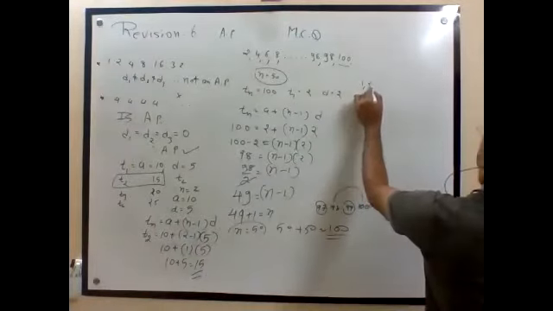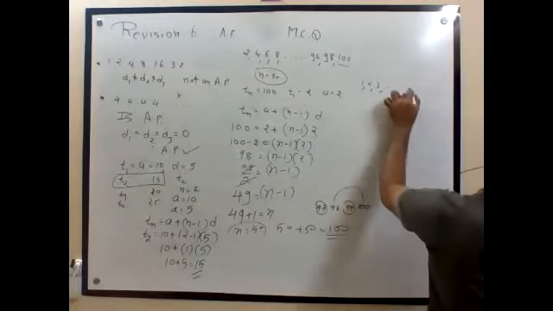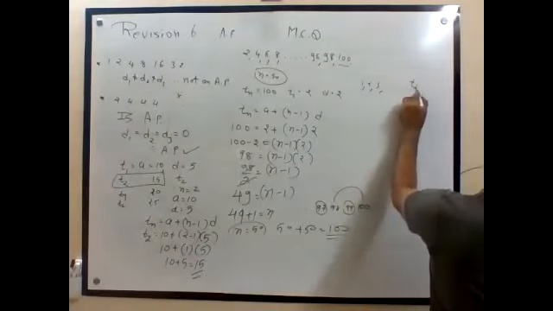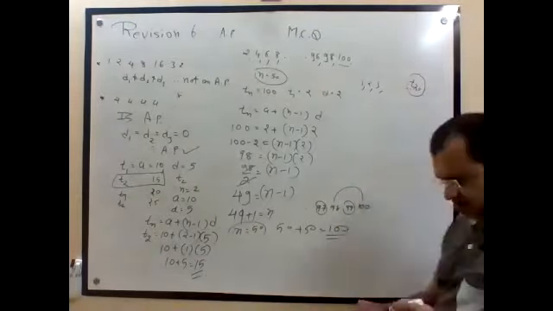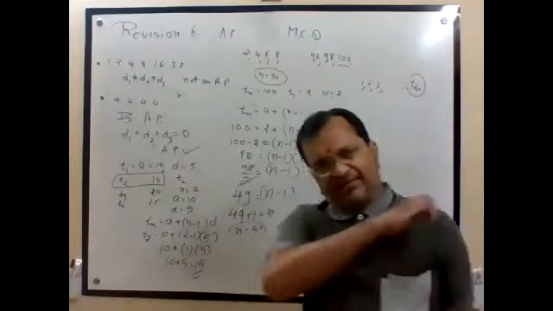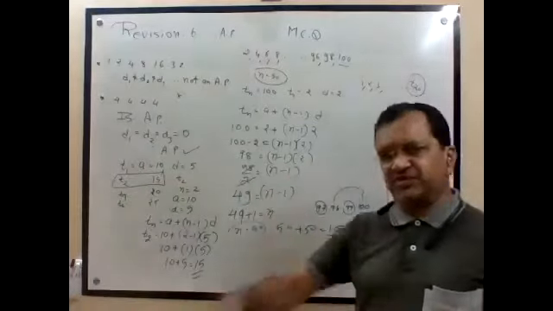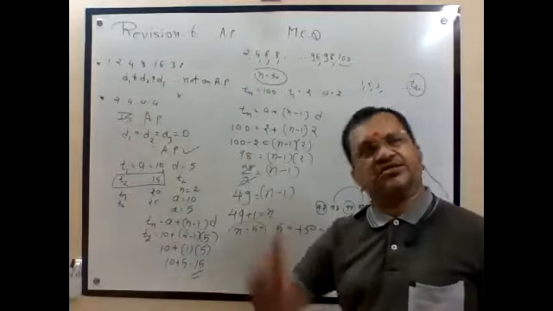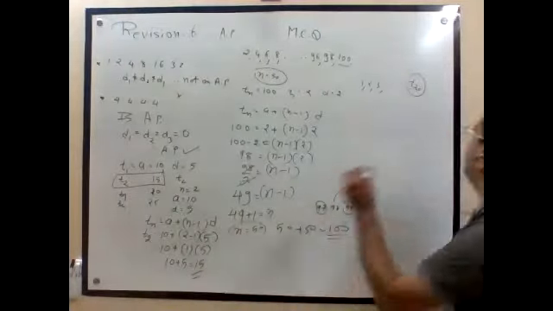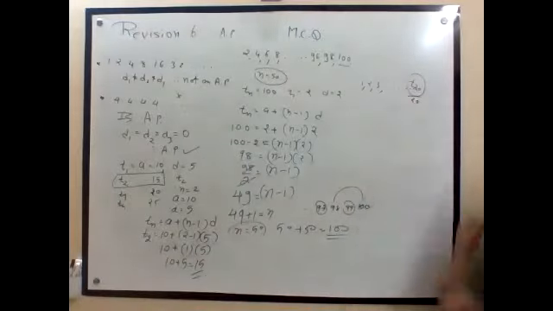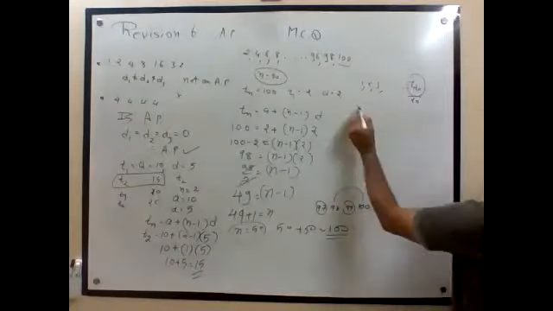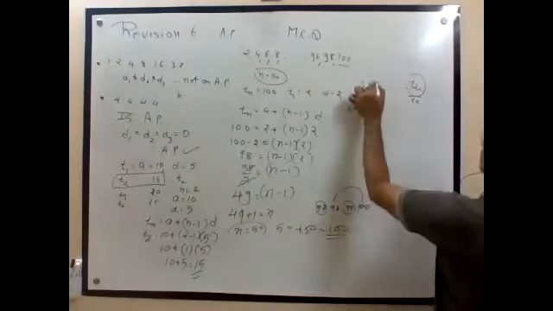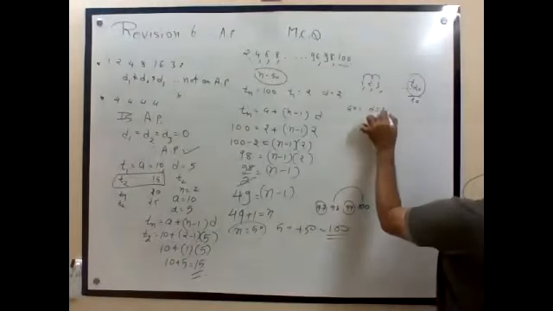Now 1, 2, 3, dash. Find out the 20th term. So here I have asked a very simple question. First term is 1, second term is 2, third term is 3, fourth term is 4. So the 20th term will be 20. How to find? So A is equal to 1. Difference also is 1.